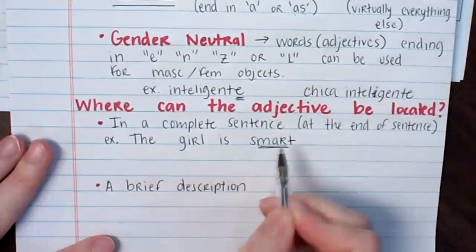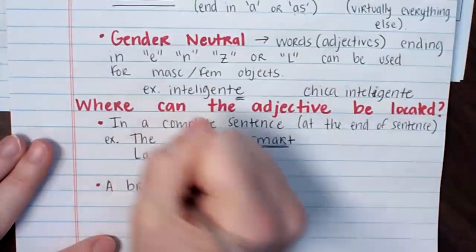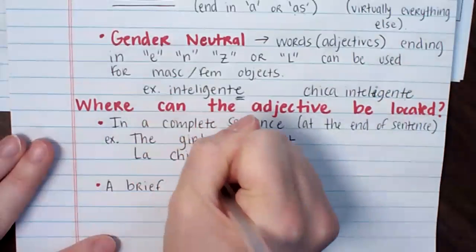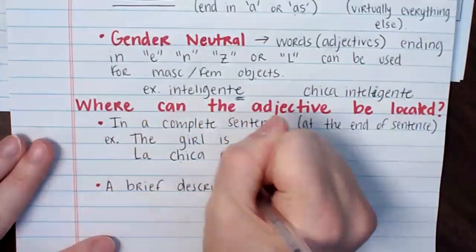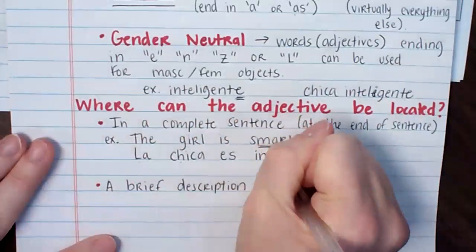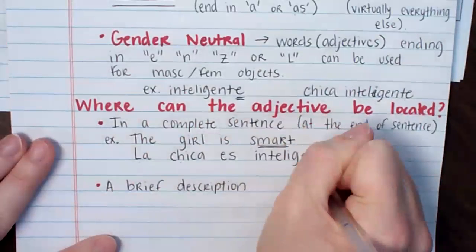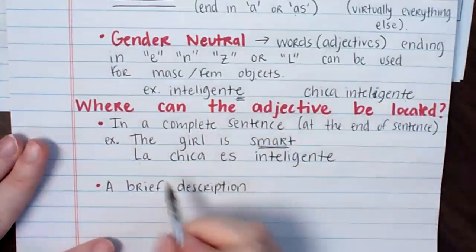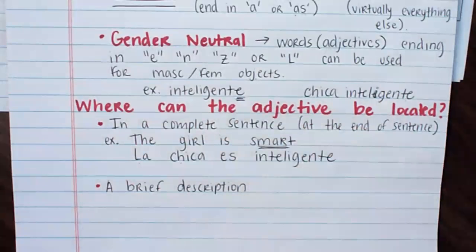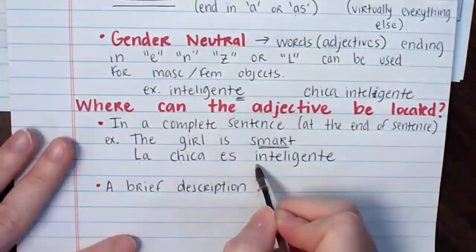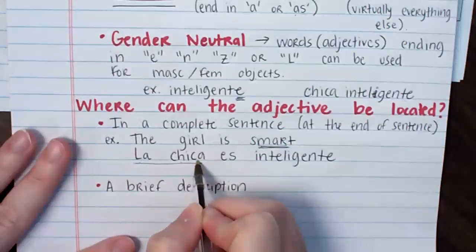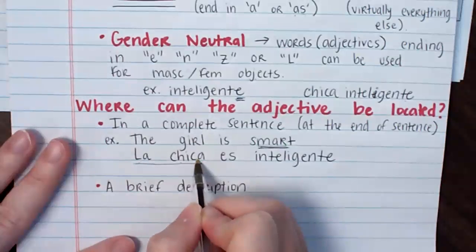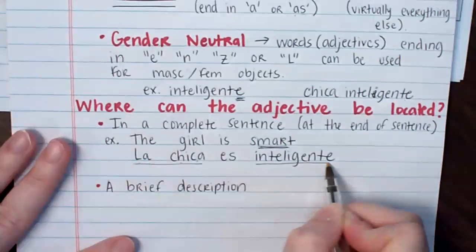La chica es inteligente. So because la chica is singular, it's one girl, inteligente has to be singular to match.